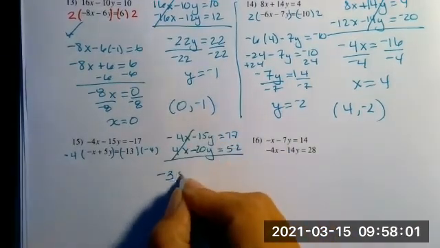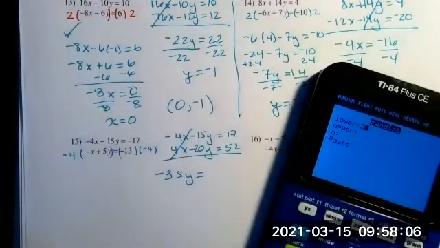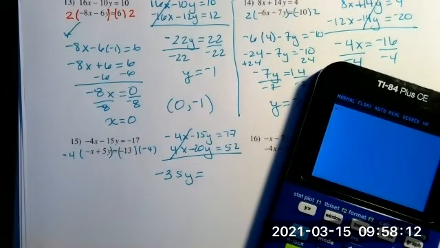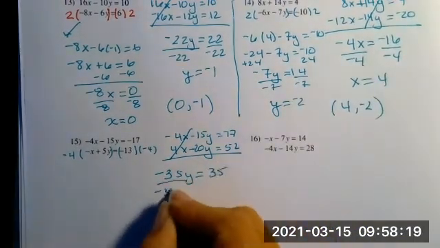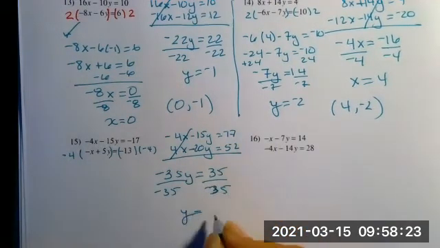This is negative 35y equals, I don't want to make a mistake, so I'm going to just use the calculator right here. So negative 17 plus 52, 35. So y equals negative 1.